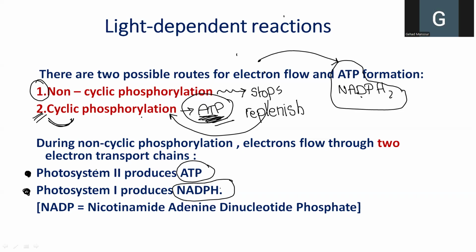Adenine is a nitrogenous base, and dinucleotide phosphate means that this hydrogen carrier, which is nicotinamide adenine, contains... you will never be asked about the structure of reduced NADP, but the structure of NADP is similar to the structure of a nucleotide because it contains adenine, which is a nitrogenous base, and it contains a sugar, and it contains a phosphate, and therefore it is very similar to a nucleotide.